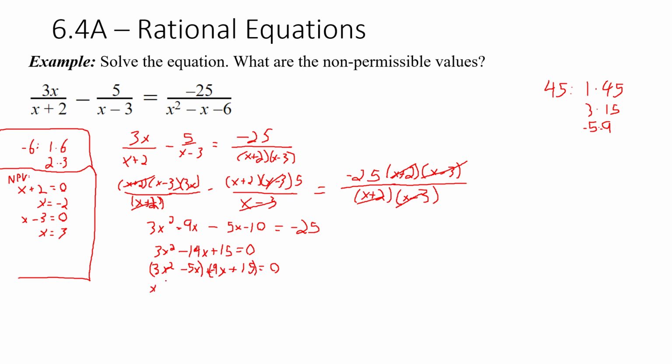Factor out the x, and you'll have 3x minus 5. Out of here, let's factor out a negative 3 to get rid of the negative in front of our x. So minus 3 times 3x minus 5 equals 0. These two terms share a common factor of 3x minus 5, so we'll factor that out, and what we're left with is x minus 3.